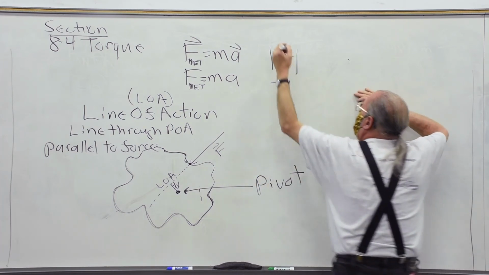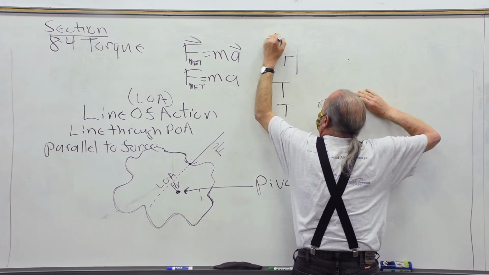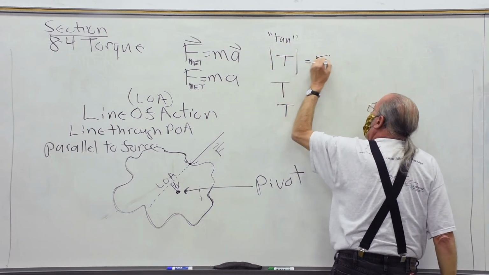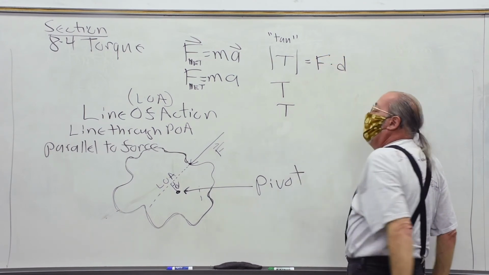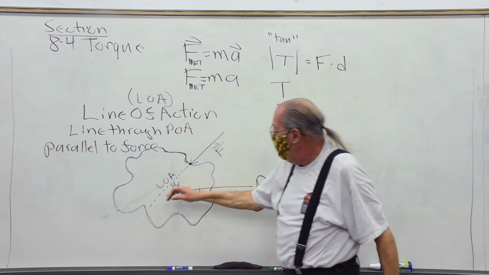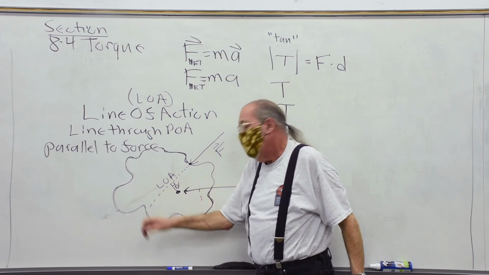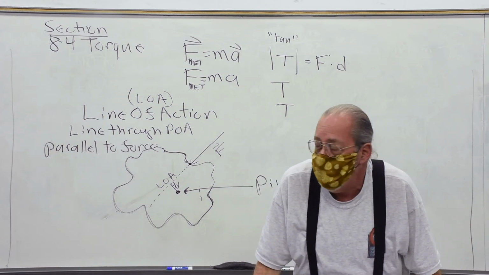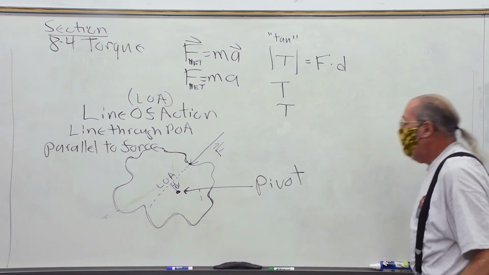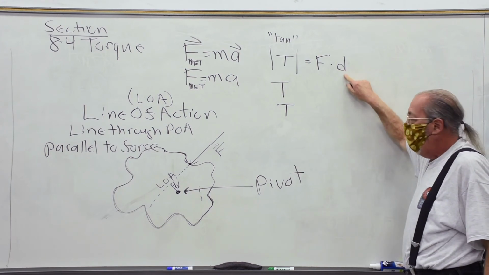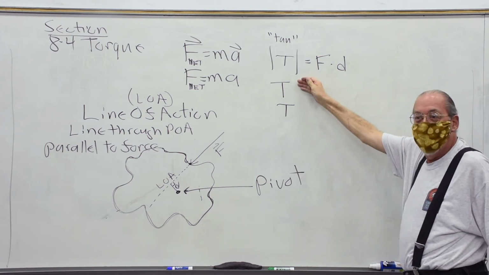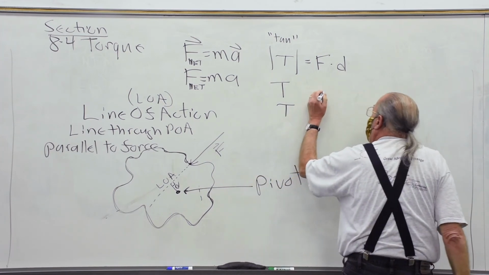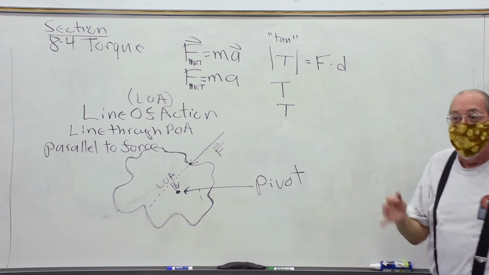This is tau. The magnitude of the torque is the magnitude of the force times the distance of closest approach to the pivot of the line of action. So if the line of action goes right through the pivot, what's D? 0. And what's the torque? 0.